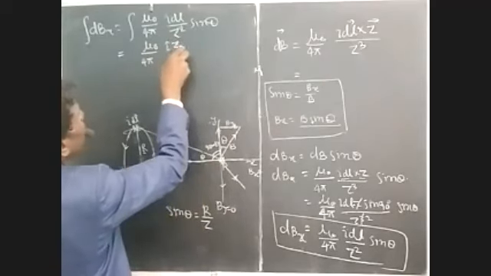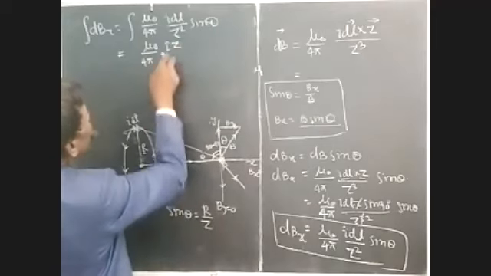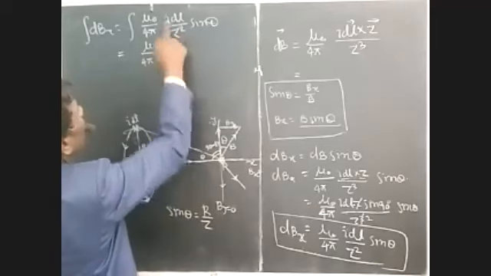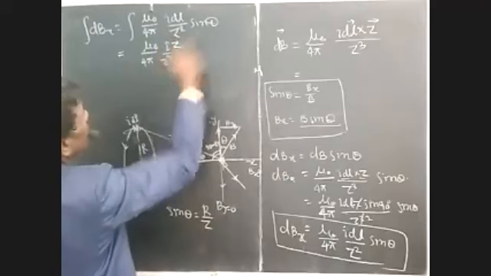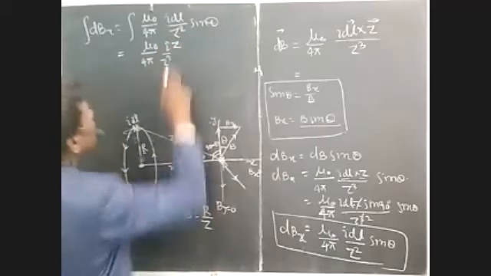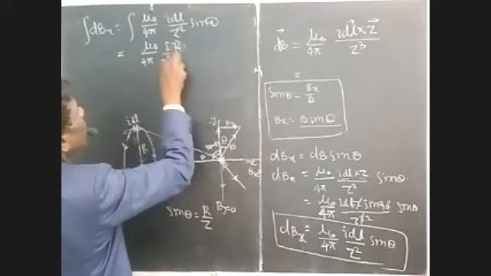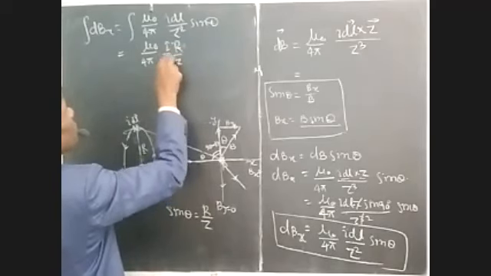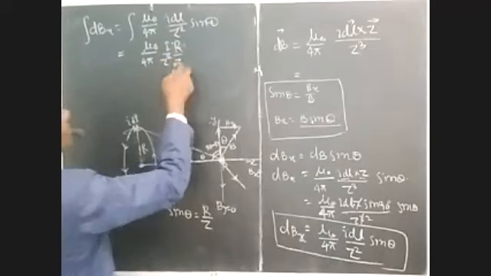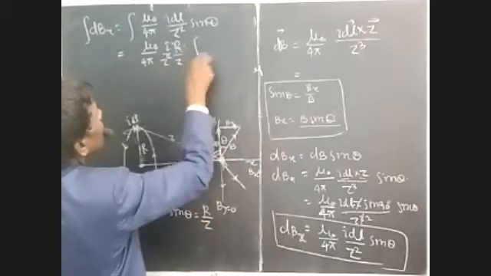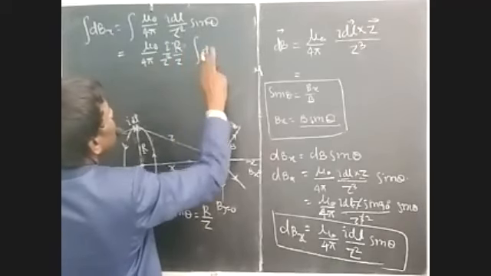So first you write z square, I upon z square, then sine theta equal to r upon z. I hope you understand it, r upon z. And then this is the dl, we have to take integration of dl.